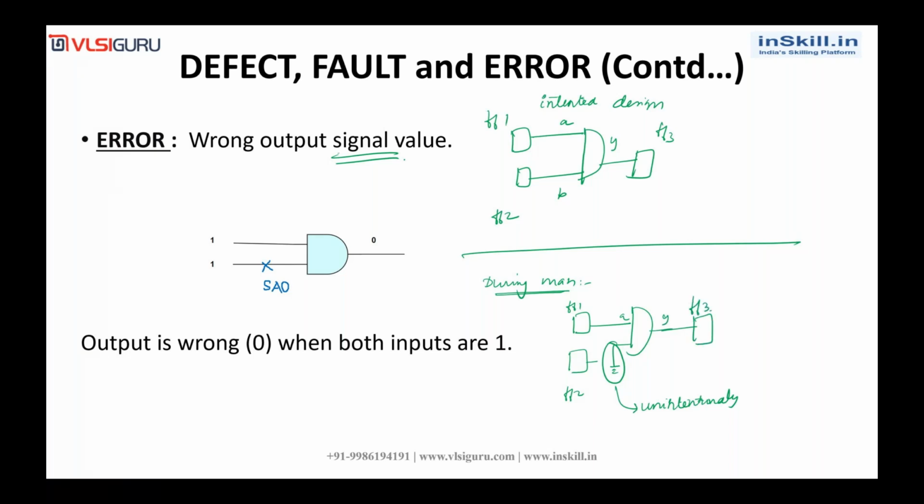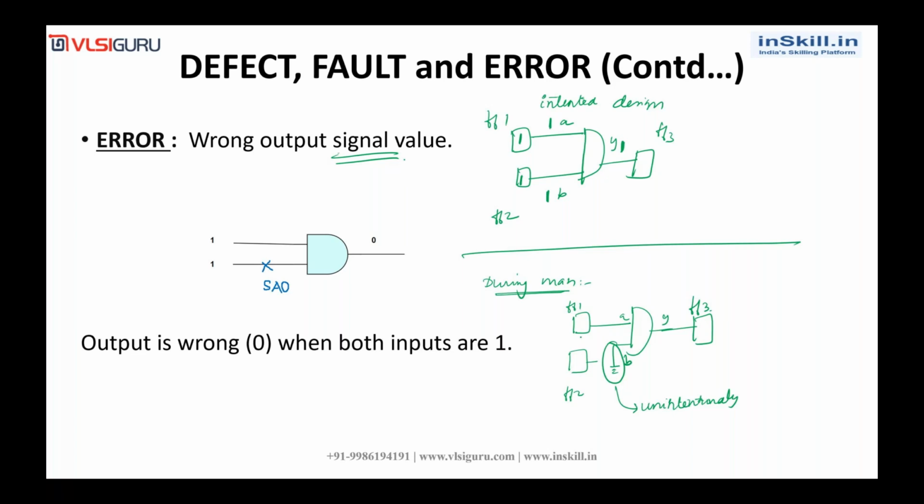Now, error means wrong output signal value. If you apply a 1-1 pattern in these two flops, the A and B inputs of the AND gate will also get 1, so the output of the AND gate will be 1. But during manufacturing, the B net of the AND gate has got unintentionally connected to ground.